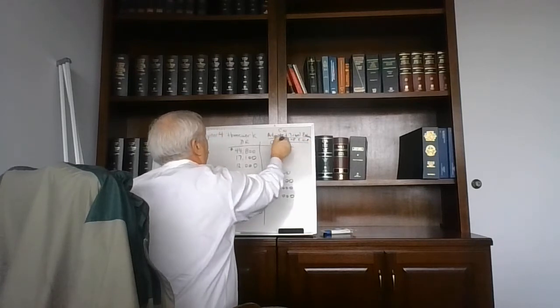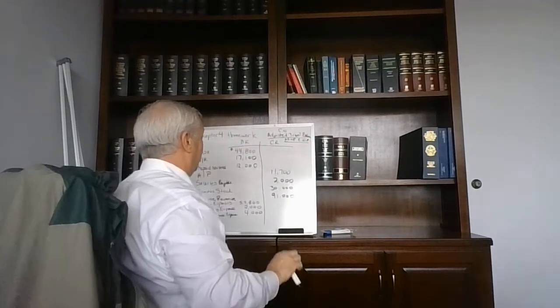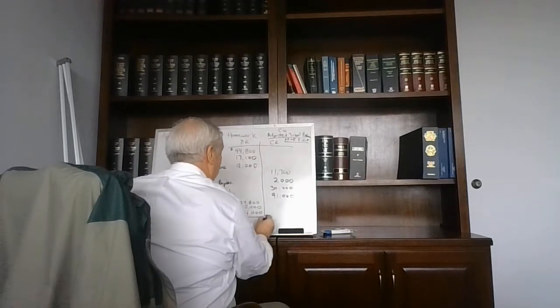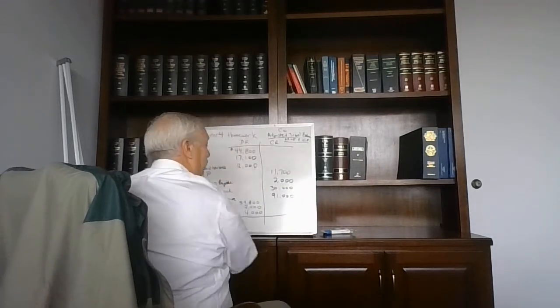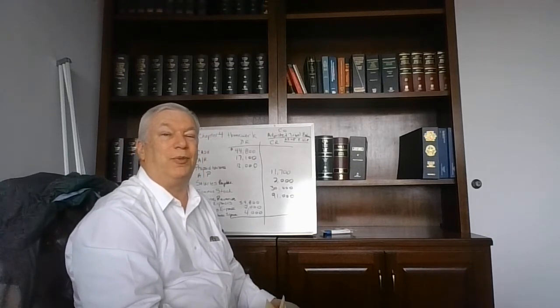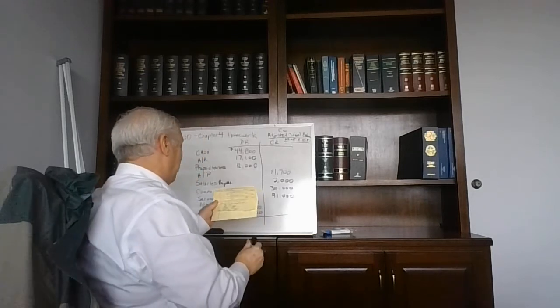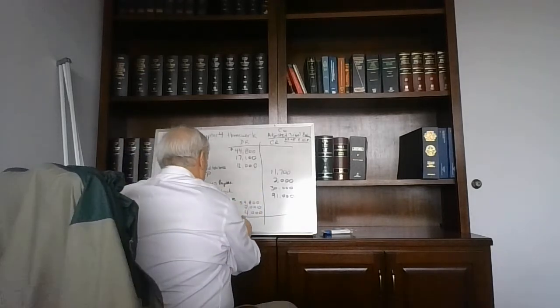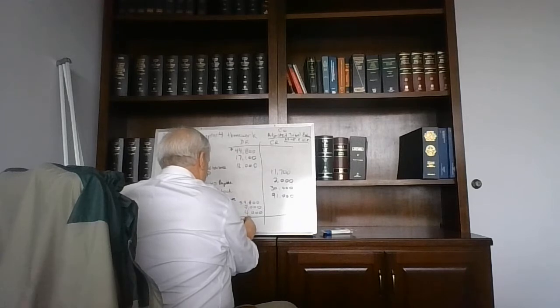So that would be your title that would be centered up above the adjusted trial balance. And then down here, you have to make sure it balances. And several of you who did your homework, you did adjusted trial balances and you didn't add them up to make sure they balanced. And when you add them all up, you get $134,700.